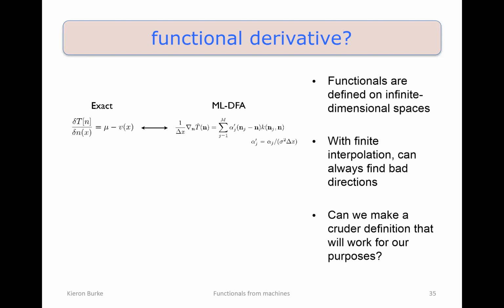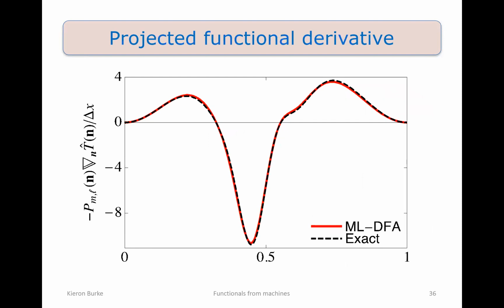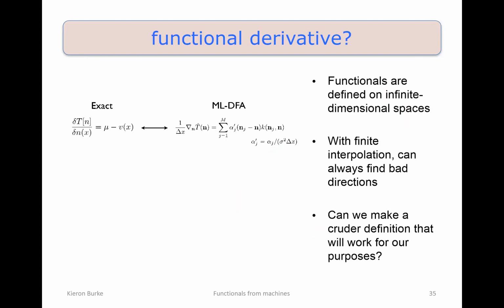But one thing that we realized, I think I may have gotten a little lost there, is when you do orbital-free DFT, as I mentioned yesterday, not only do you want the energy, you need the functional derivative, because you find the density by solving this Euler equation.